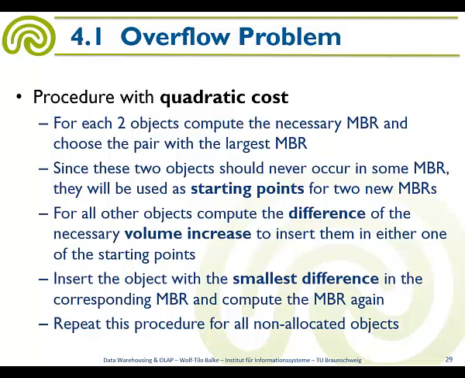If you want to have a technique with a quadratic cost, well, what do you do? Well, first off, you think, well, you have the space and you have the different points. Now you need to decide on a split. So what you do at the very beginning is you check each 2 points together at the very beginning, and you check which one of them produces the biggest bounding rectangle.